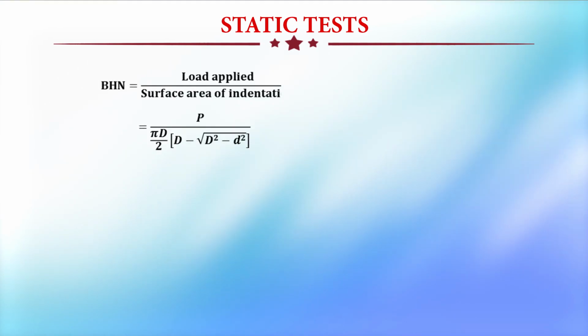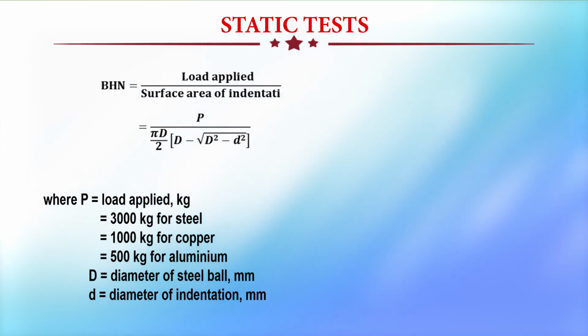BHN, the Brinell hardness number, is equal to the load applied divided by the surface area of indentation, that is, P divided by (pi D by 2)(D minus the square root of D squared minus d squared). Here P is the load applied in kgs: 3000 kgs for steel, 1000 kgs for copper and 500 kgs for aluminum.